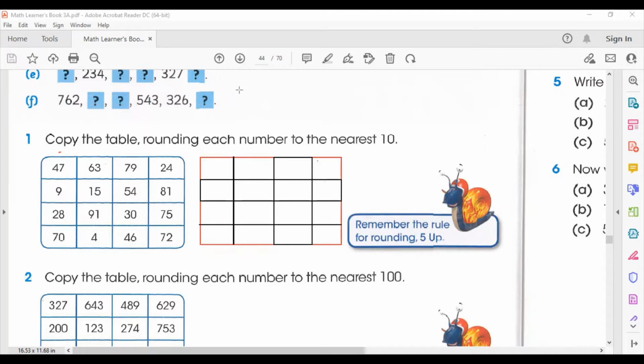It's okay. After this, now 47. 47 is nearest to 40 or 50, obviously it's nearest to 50.